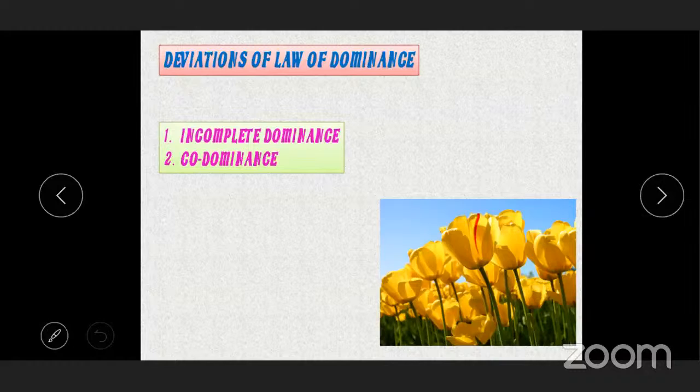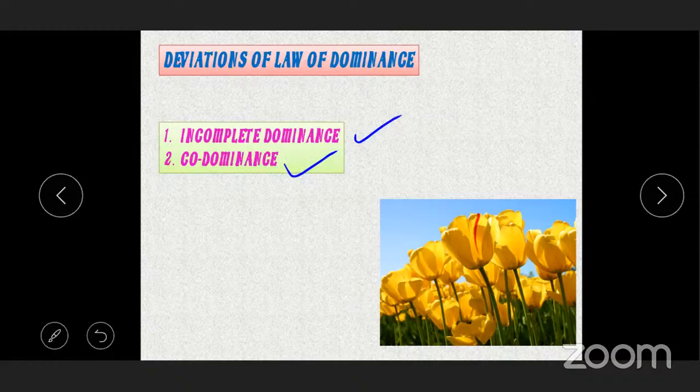in some conditions, the law of dominance is not satisfied. Okay. In two situations, the law of dominance is not satisfied. The first one is incomplete dominance, the second one is codominance. What is incomplete dominance?